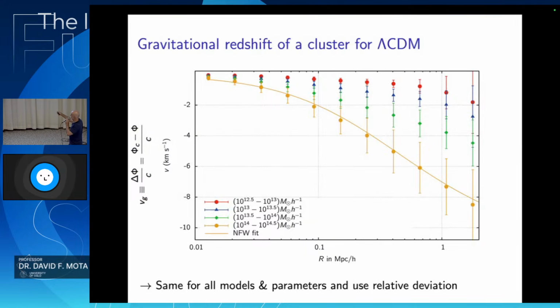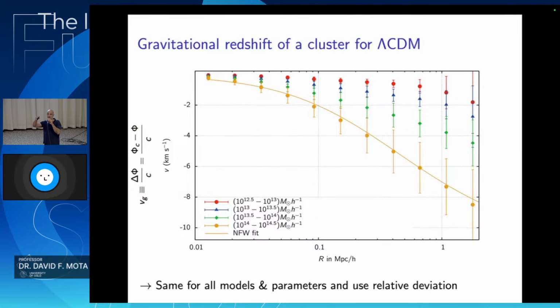Assuming the Navarro-Frenk-White profile, which is a universal profile, if you have general relativity and cold dark matter, that's usually the profile that you have in halos. You get a universal function for the gravitational redshift, which depends on the mass of the cluster.